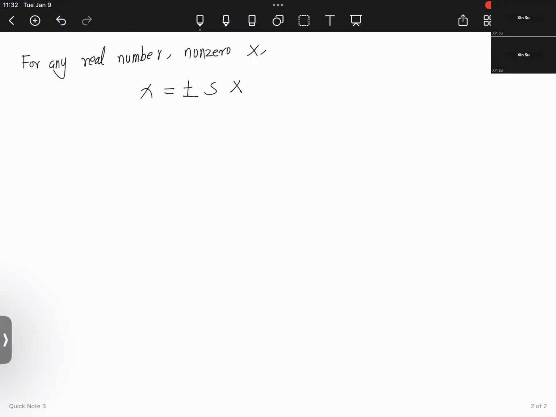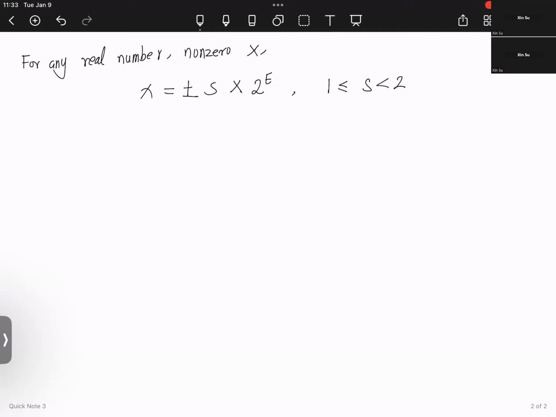Then we have s times 2 to the exponent, and s is between 1 and smaller than 2. This is the scientific way to represent a real number in terms of the binary representation.